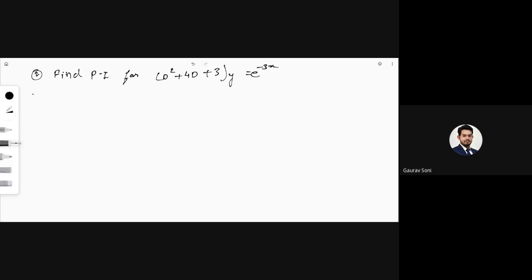So yp is equal to 1 upon D square plus 4D plus 3, e to the power minus 3x.